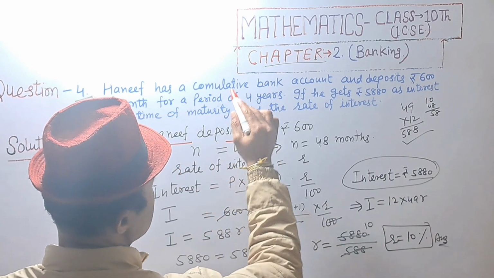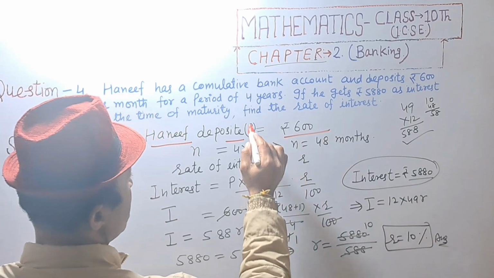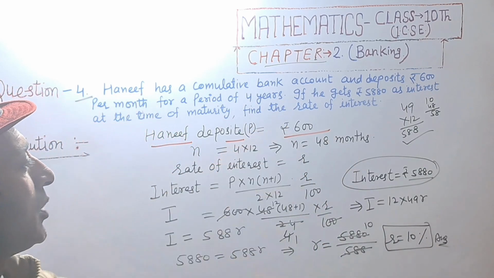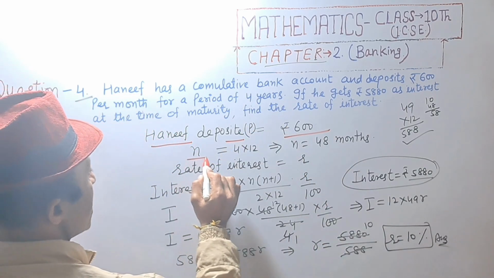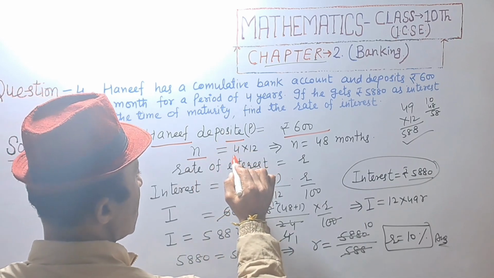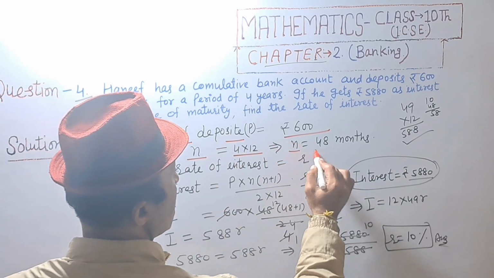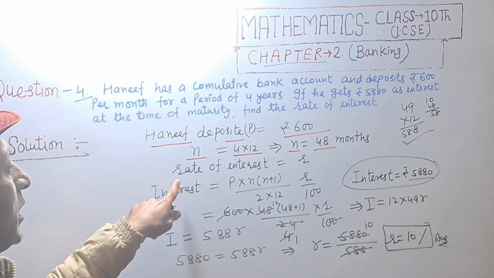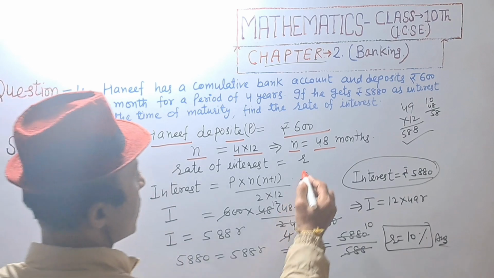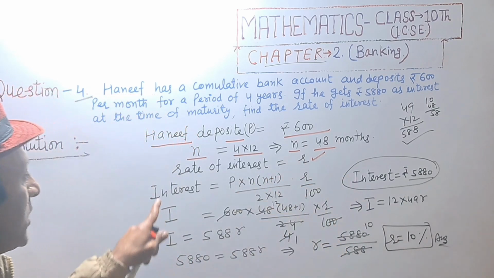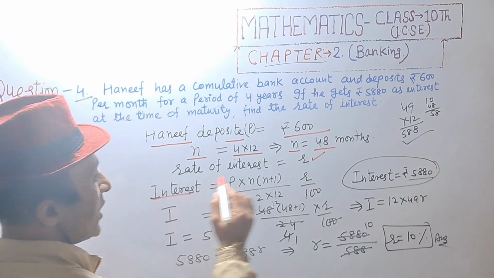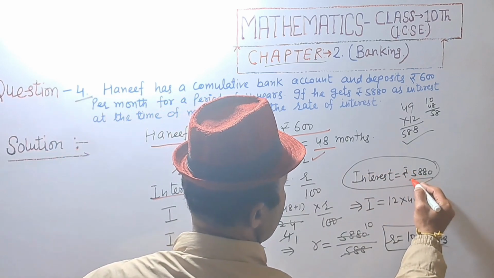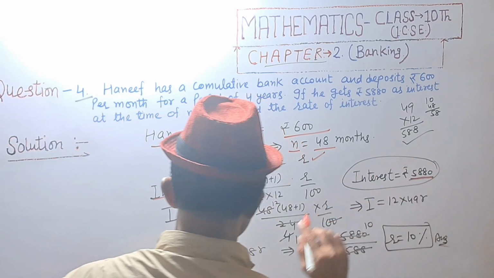Hanif deposits rupees 600, principal P is equal to 600 and N is equal to, in the time period of 4 years, 4 into 12, in months 48 months. We get N is equal to 48 months. Rate of interest is equal to R. We find the rate of interest, and given interest is equal to rupees 5880.